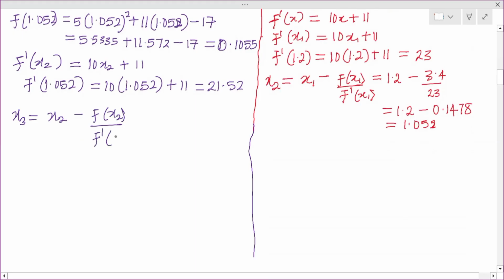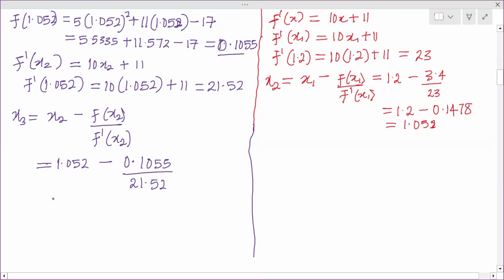f prime of x2. So what's my x2 now? x2 is 1.052 minus f of x2, which I've gotten here, that is 0.1055, all divided by f prime of x2, which is 21.52.